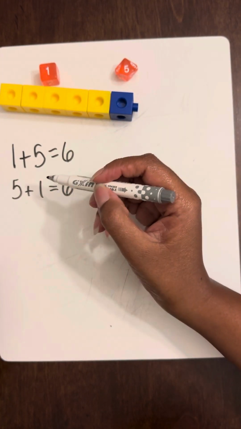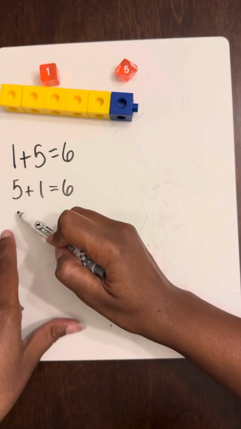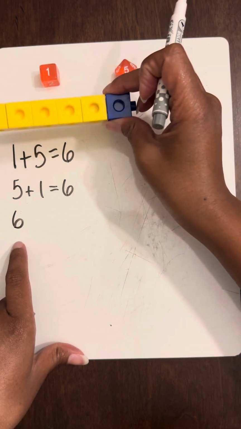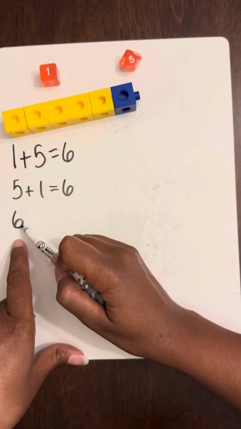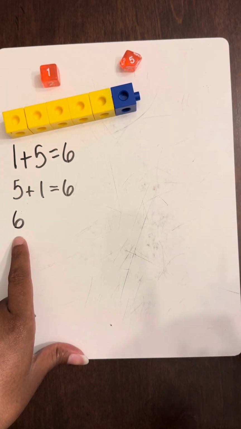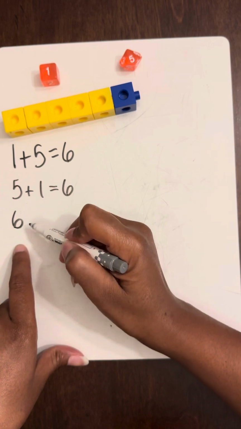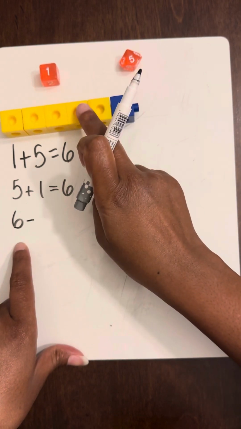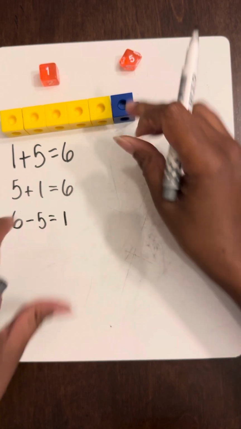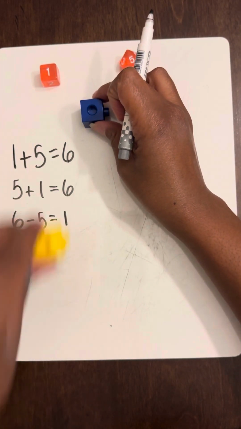When we're doing our related facts, parents, you may recall them as being fact families, okay? So we're talking about the same thing. My sum, okay, is 6. But now I'm going to do the subtraction problems, all right? And with that, this is now what we call our minuend. I take away the 5, and I'm left with 1, okay?